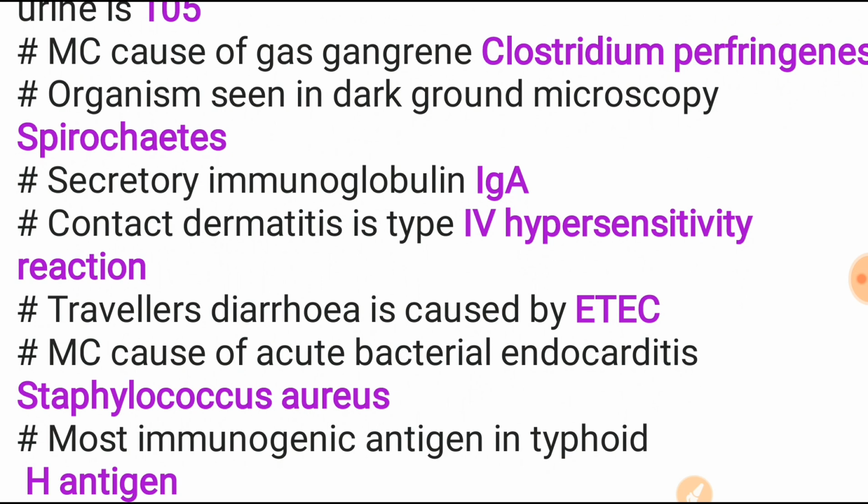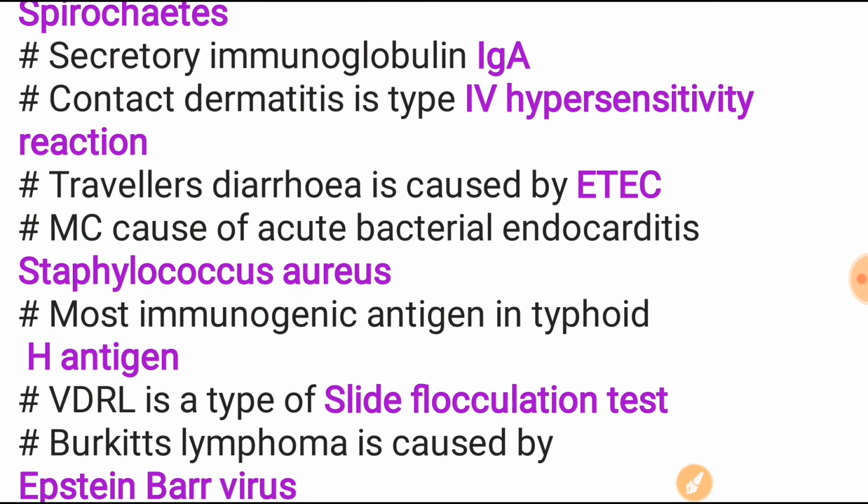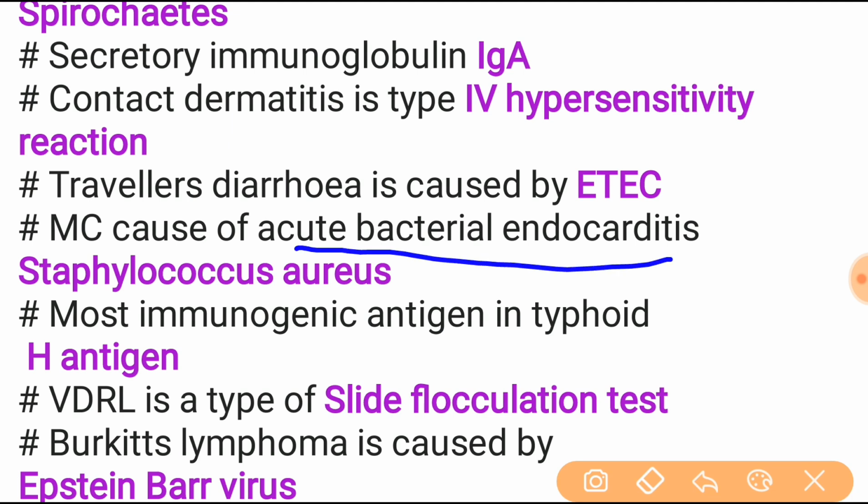Contact dermatitis is a type 4 hypersensitivity reaction. Traveler's diarrhea is caused by ETEC, enterotoxigenic E. coli. You can remember it by the T in enterotoxigenic, for traveler's. The most common cause of acute bacterial endocarditis is Staphylococcus aureus.